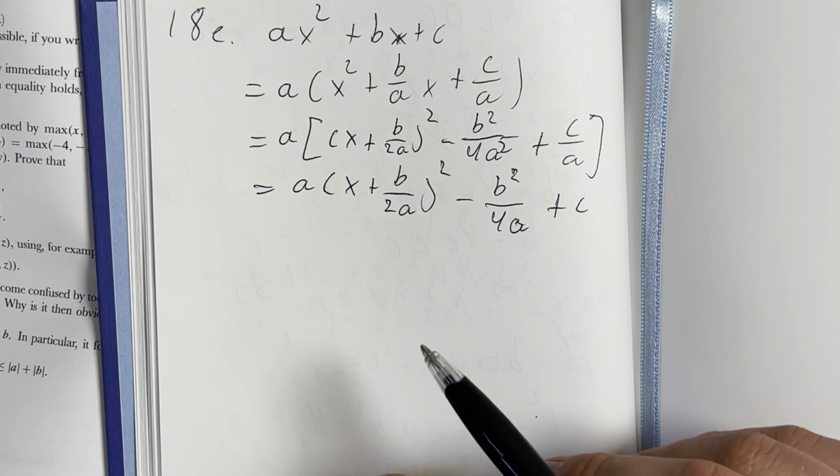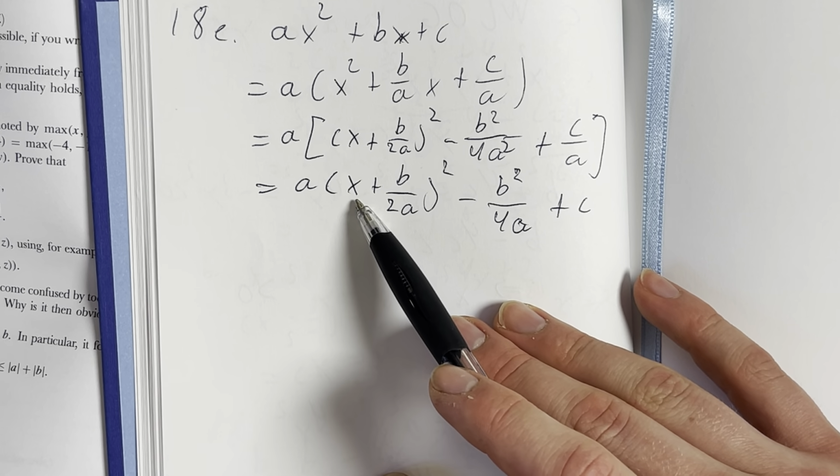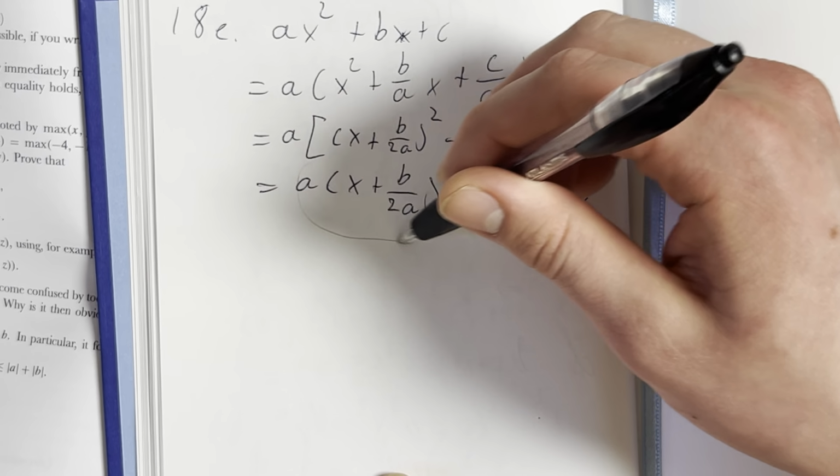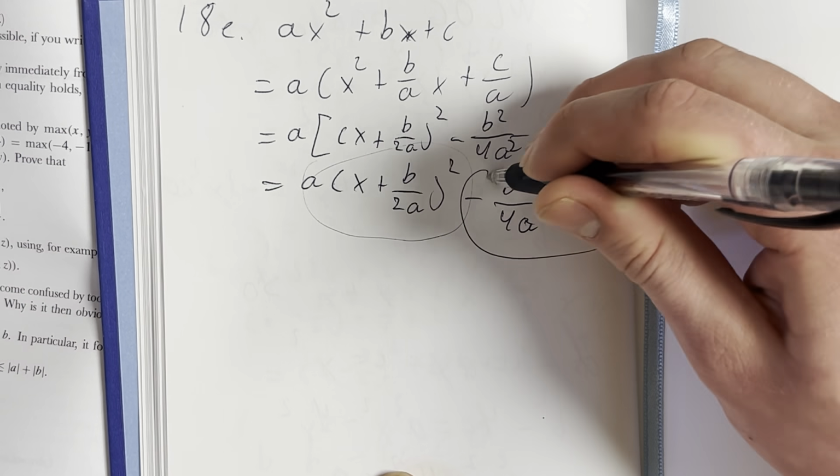And thus we want to find the minimum of this, which occurs when this expression is 0. So this is the minimum.